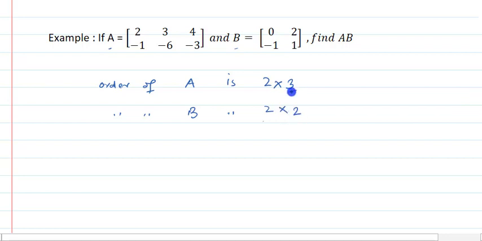Here the number of columns in matrix A is 3 and the number of rows in matrix B is 2. So what does it mean?